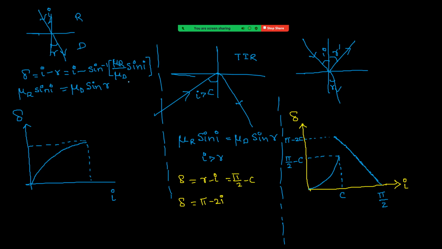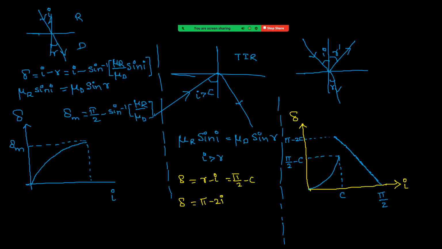If you take I value as 90, this is 90 meaning pi by 2, and sine 90 becomes 1. That means this maximum deviation delta m will be equal to pi by 2 minus, in the place of sine 90 which is 1, remaining is sine inverse mu rarer upon mu denser.